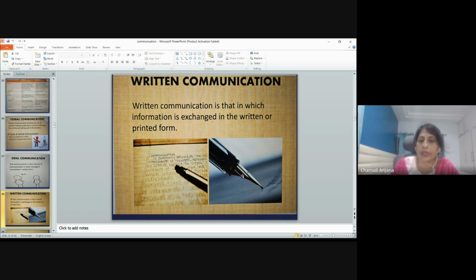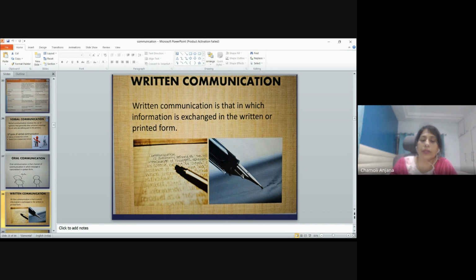But the problem with written communication is that it is more time-consuming, and it is difficult to persuade or convince somebody through written words, unless you are a poet or an author who knows how to use words to persuade and attract readers. Otherwise it is difficult.